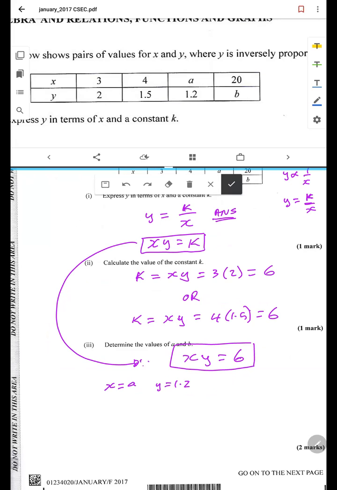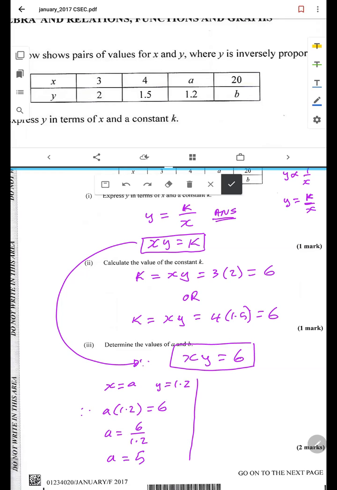So you put the values in the formula. It therefore means that a times 1.2 is equal to 6. So divide by 1.2, you get a equals 6 over 1.2. How much is that? 6 divided by 1.2 is 5. A equals 5. That's the first one.